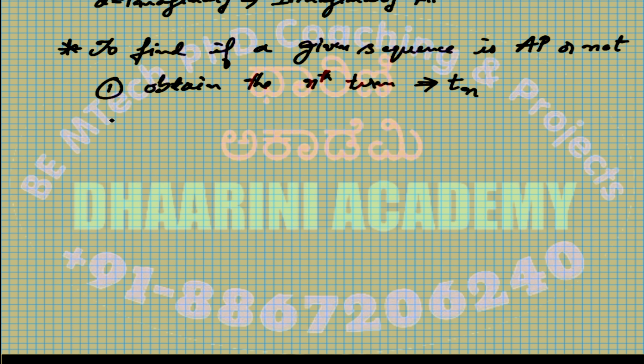Then in the next step, we replace n by n minus 1 to get Tn minus 1.